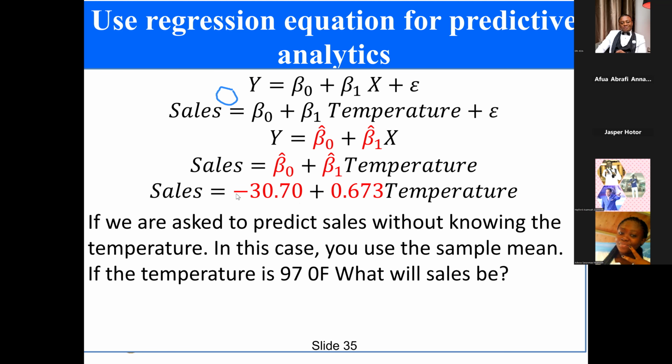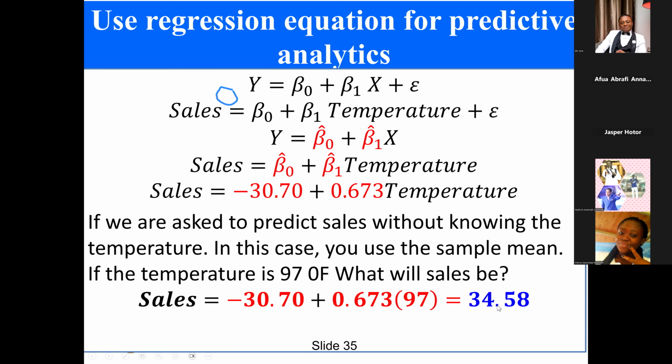Then all I have to do is calculate the mean of the sales, and that's it. You use the mean to predict that next year, sales is going to be this, which is the mean. But what if you know the value of the temperature? What if the temperature is 97? Then you have to put 97 here, multiply the 97 by 0.673, and substitute it, and then subtract the 30.70. And when you do that, you get 34.